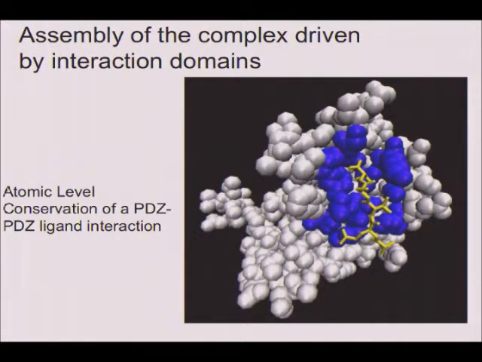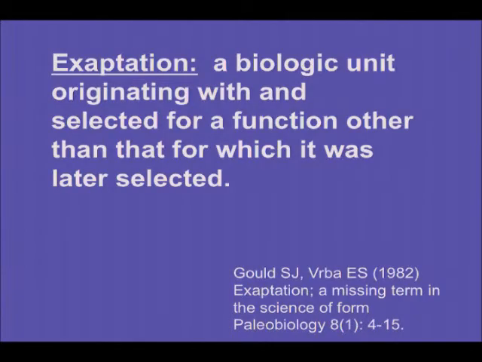All these gray amino acids have about 50% conservation between sponge and human. However, those amino acids here in blue, which are actually binding to the ligand, are 100% conserved between sponge and human. From that, we inferred, though as I say we haven't proven it yet, that this interaction is very likely to exist in the sponge.